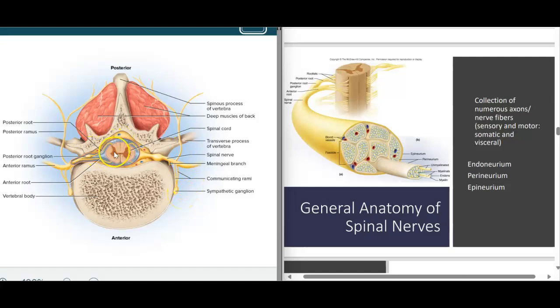So notice and learn: rootlets to the anterior and posterior root, the posterior root having the posterior ganglion, to the spinal nerve, which then branches into the posterior ramus, which is the smaller, and the anterior ramus, which is the larger.